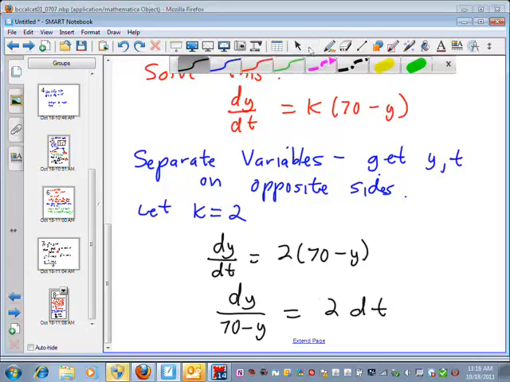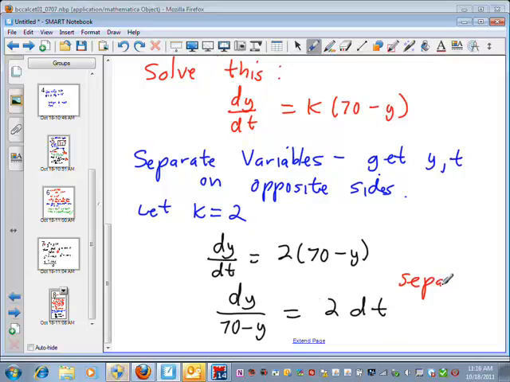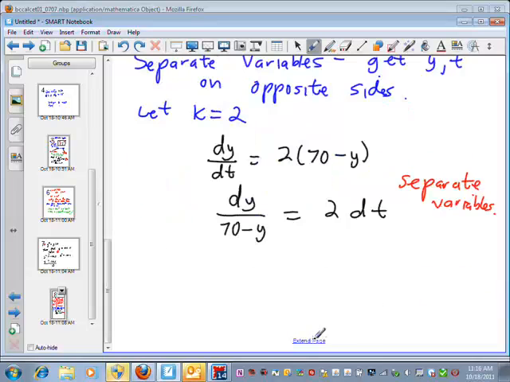So here we've separated. And here's where we have to be very careful about putting absolute values on the natural log. All right, and now we're going to integrate both sides.